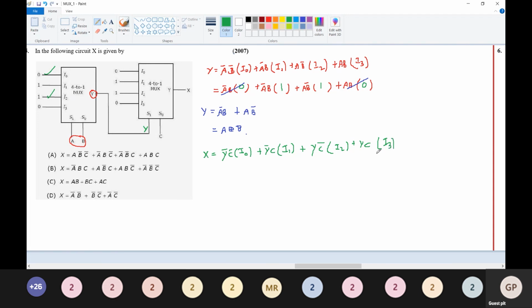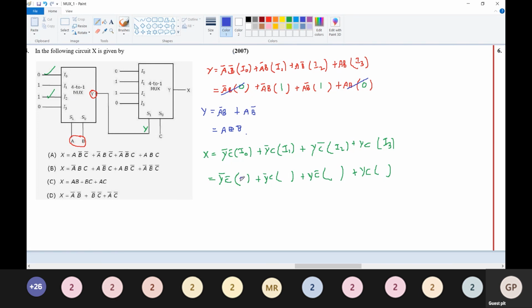Now write the corresponding input values in the next step. So Y dash C dash into I naught, Y dash C into I1 value, Y C dash into I2 value, plus YC into I3 value.